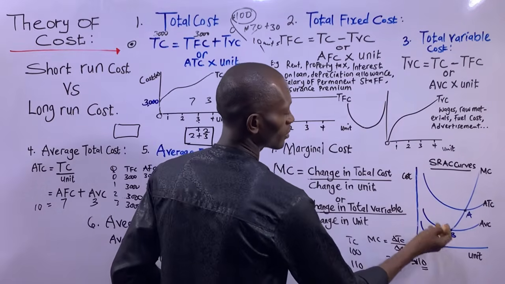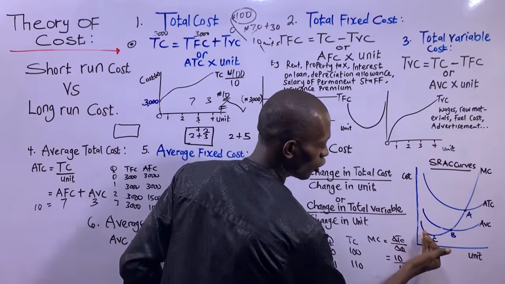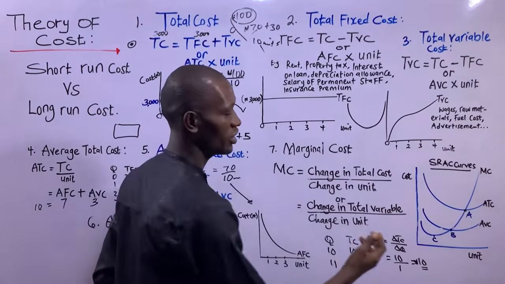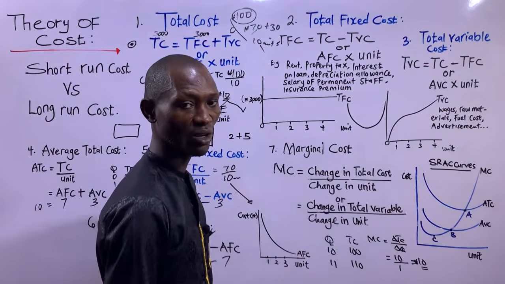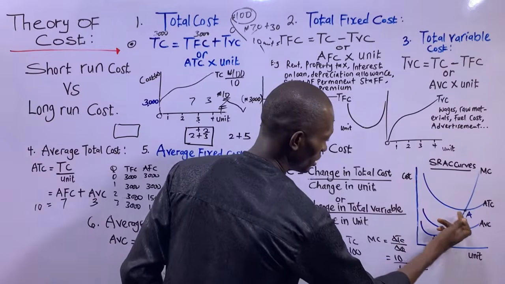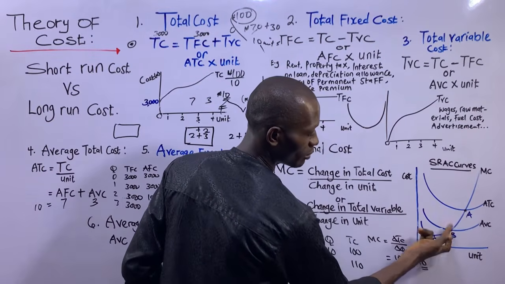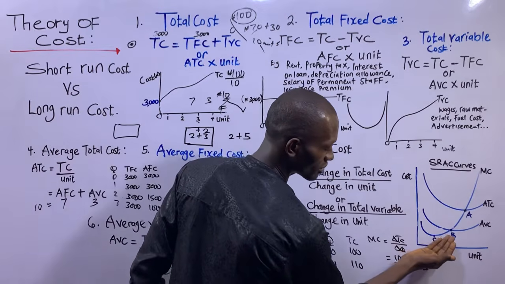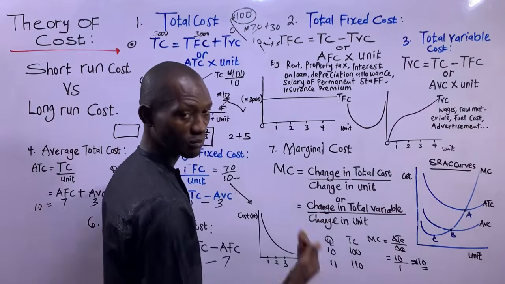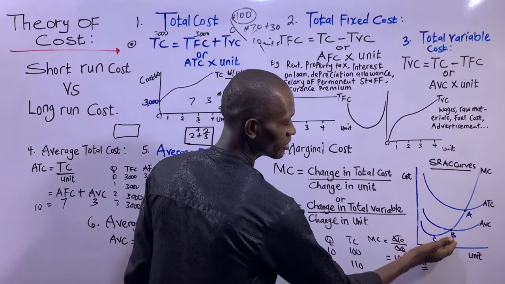So the marginal cost cuts the average total cost and average variable cost at their minimum points. That means the minimum point of average total cost is point A. Then the minimum point of average variable cost is point B. Then marginal cost cuts them from below at their minimum points.